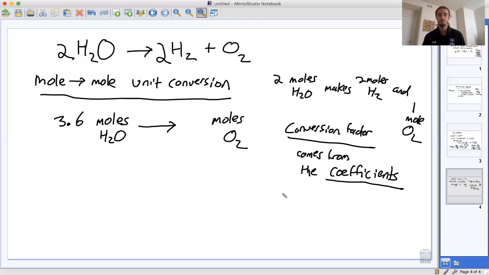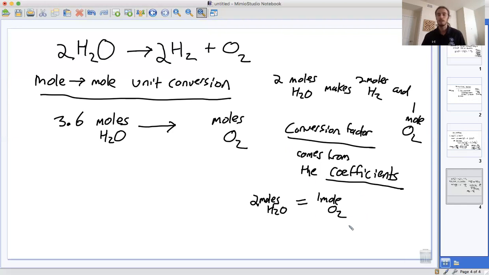Let me explain. I know that 2 moles of water is an equivalent amount as 1 mole of oxygen. So in other words, every time 2 moles of water react, 1 mole of oxygen is made. So I can set up a ratio between water and oxygen two different ways.